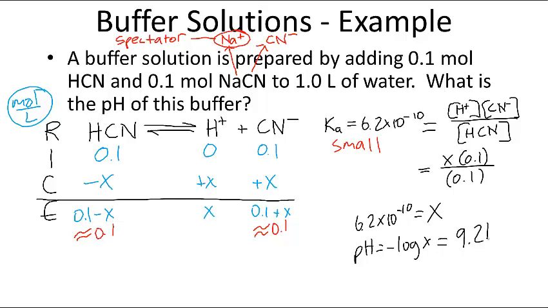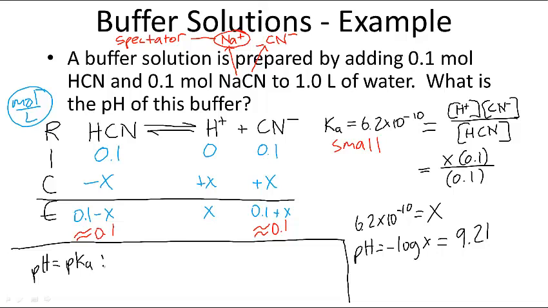Because essentially K is always going to be small, and so x is always going to be negligible. We could have shortcutted directly to the HH equation, which was, remember, pH equals pKa plus log of concentration of conjugate base over concentration of weak acid.